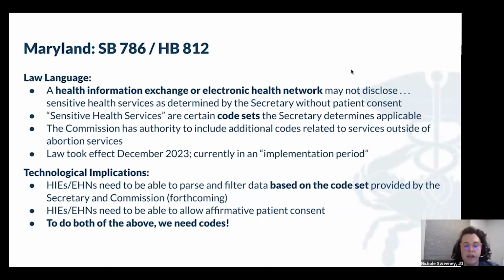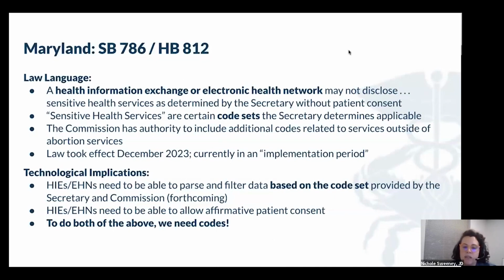So unlike what you'll hear about in a few minutes with California, where it starts with the provider thinking through what can be shared, the providers can share whatever information they want, and then the HIEs have to redact certain information or redact the record in general if certain things appear.